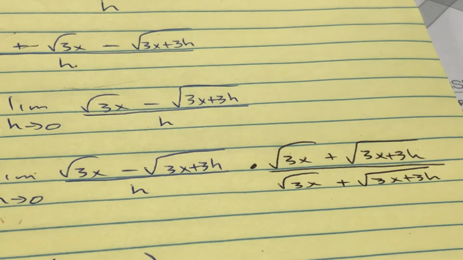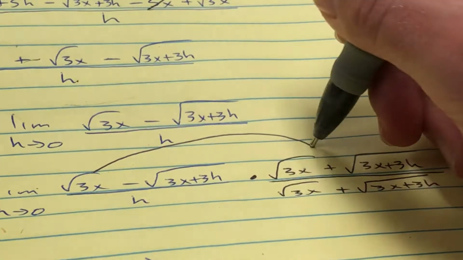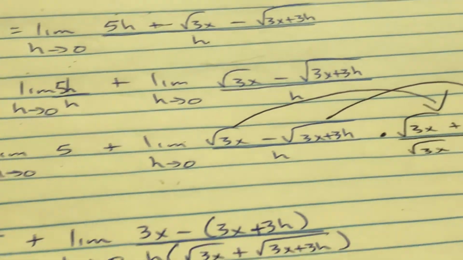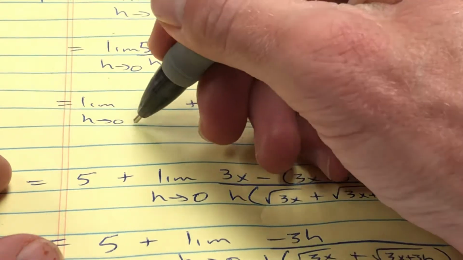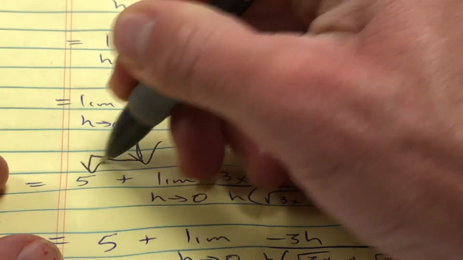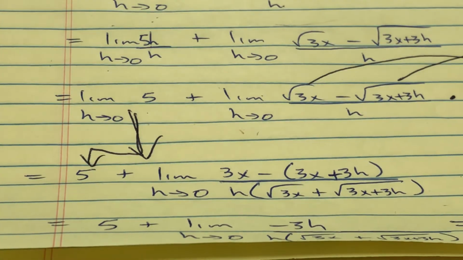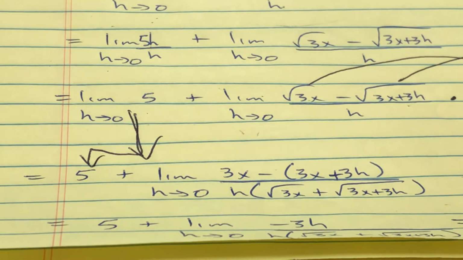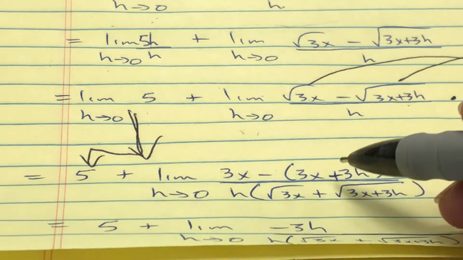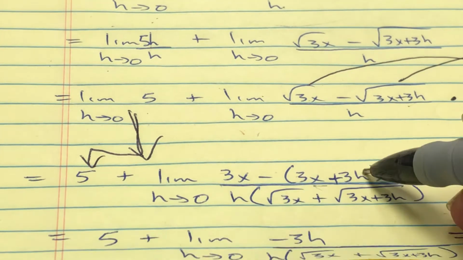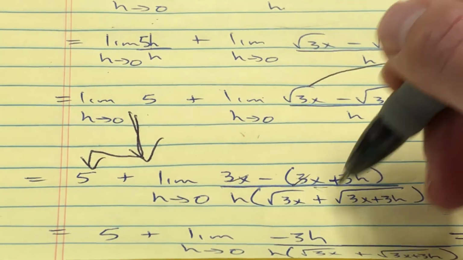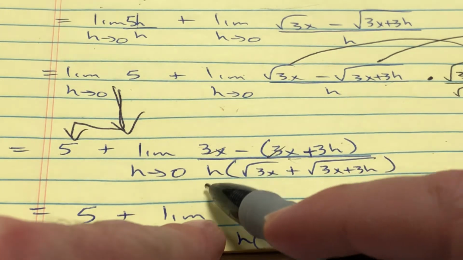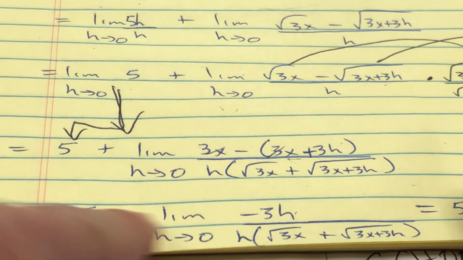When I do that, I use the first and the last parts of FOIL. The limit of 5 is just 5, plus root 3x times root 3x is 3x, minus root 3x plus 3h times root 3x plus 3h is 3x plus 3h. You subtract through, these cancel, leaving you with negative 3h over this product, h times this plus this.